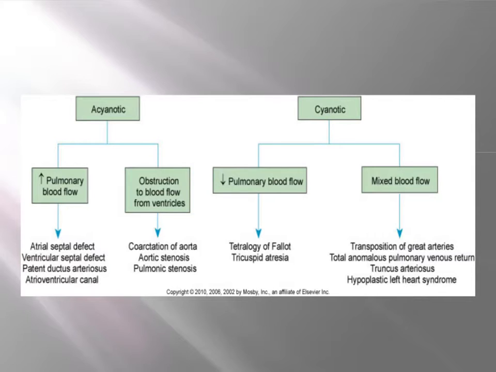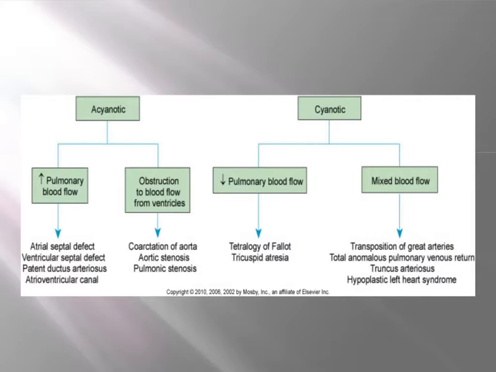So if you understand what causes an acyanotic issue that either increases pulmonary blood flow or causes obstruction to the blood flow, you should be able to answer questions about all of those things that are underneath of it. We are going to focus on ventricular septal defect and pulmonic stenosis.